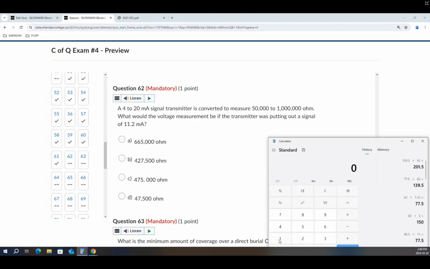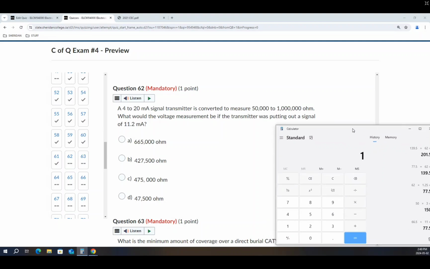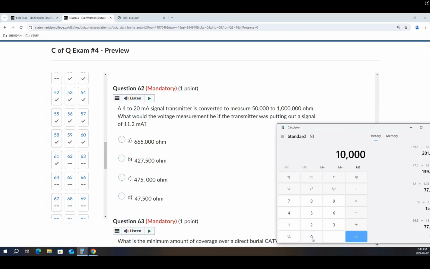So I'm going to get 1 million minus my lower variable, 50,000. That's 950,000. My signal span is 20 minus 4, so that's 16.